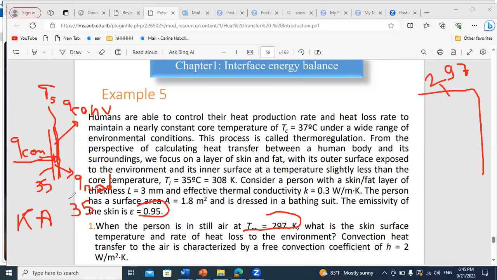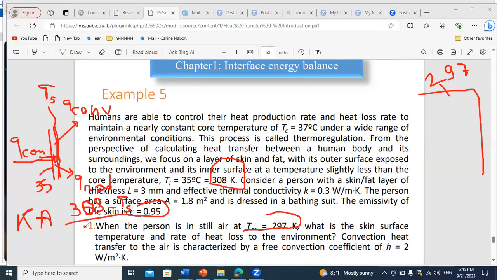Whenever you have radiation here, T to the power 4, you need to have all your temperatures in Kelvin. This is why I will use the Kelvin scale for the inner temperature. So it's 308 minus T surface over the thickness of my layer.